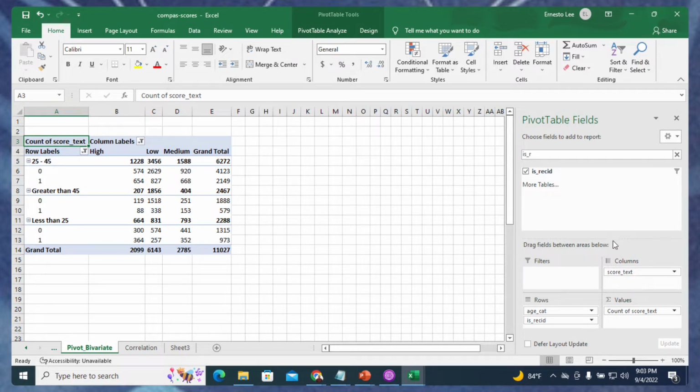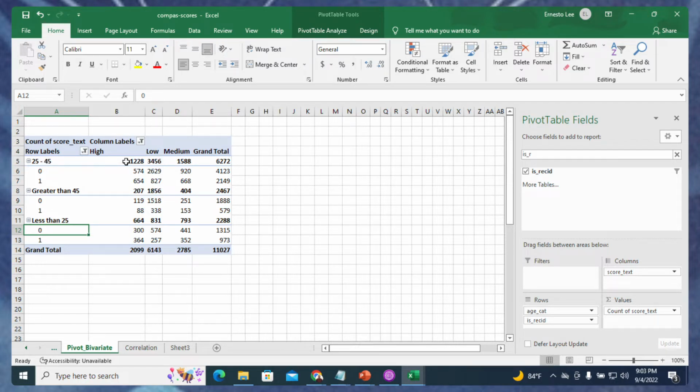I am now analyzing three columns, right? What the algorithm predicted, high, medium, or low, with respect to age category, with respect to whether they actually committed a crime or not in the future, 2 years after they were released. And what I'm most interested in is based on age.